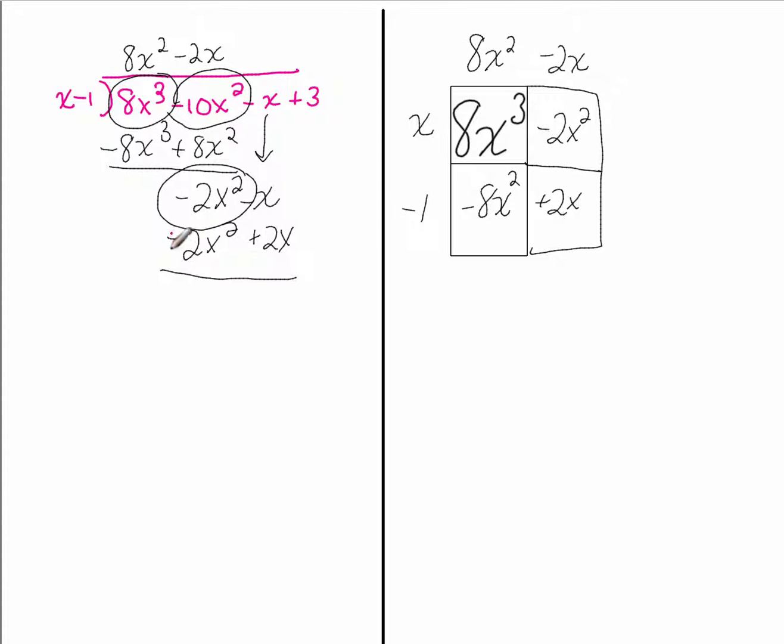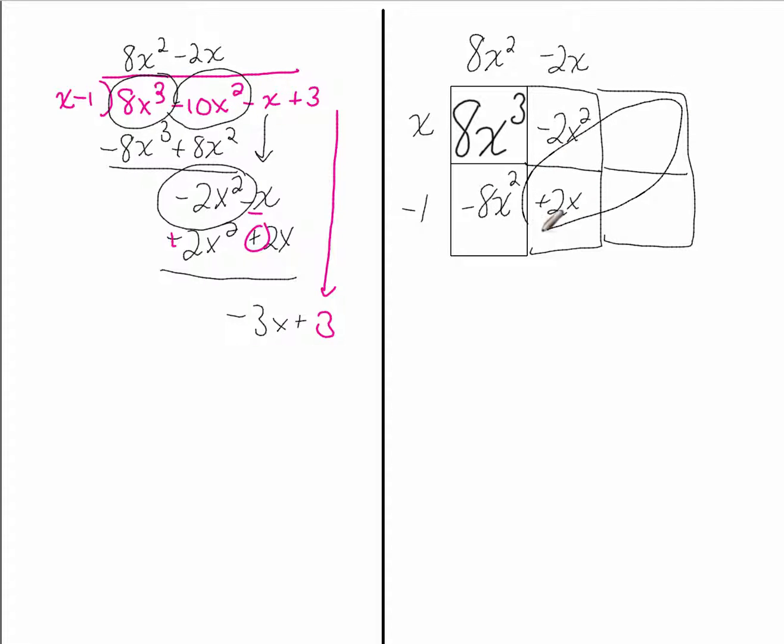Now I'm going to add the opposite. I'm going to bring down that 3, -x, -2x, -3x. See, I'm adding, I've got to get -3x.